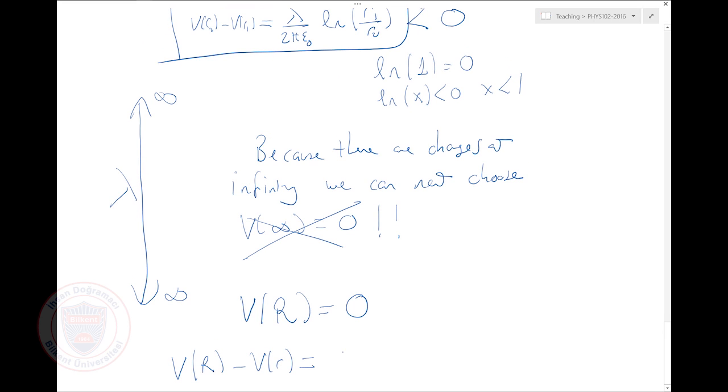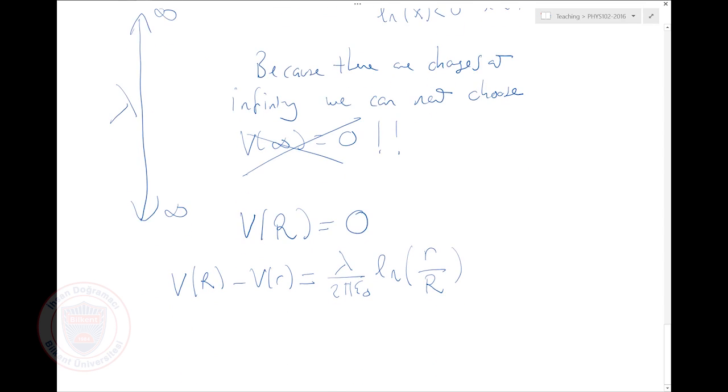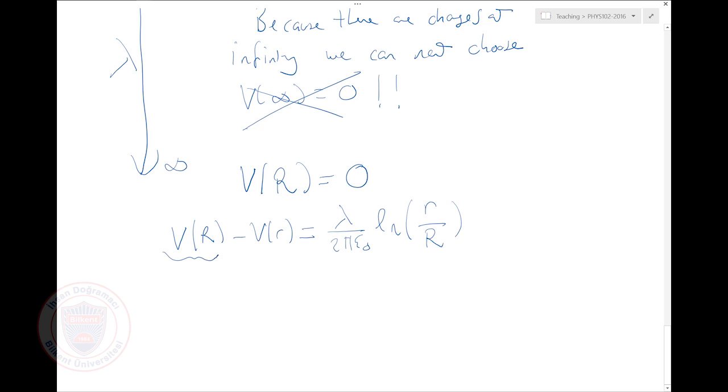Instead of R2, I wrote capital R. Instead of R1, I wrote small r. So if I choose this to be 0, V of r is apparently lambda over 2 pi epsilon 0 ln R divided by r. So we found the potential. I hope this is clear.